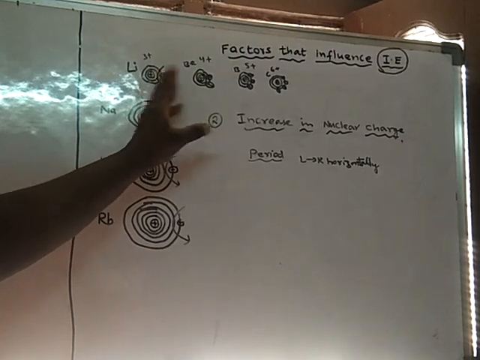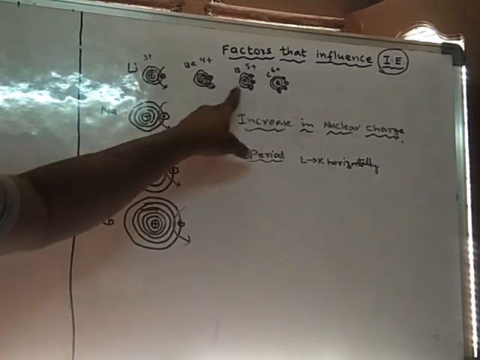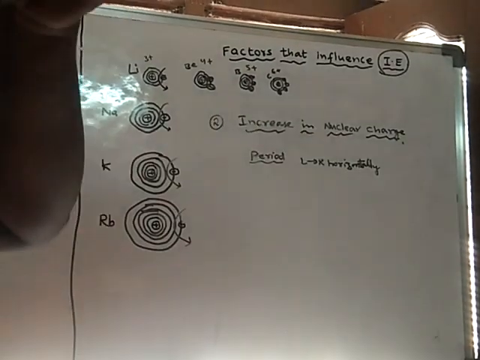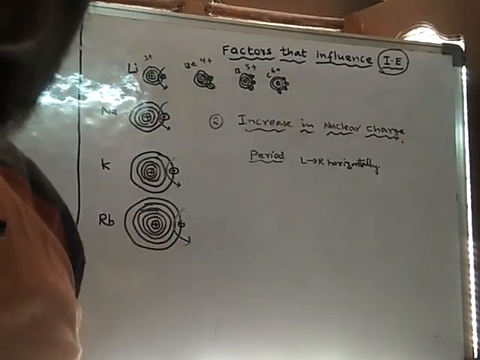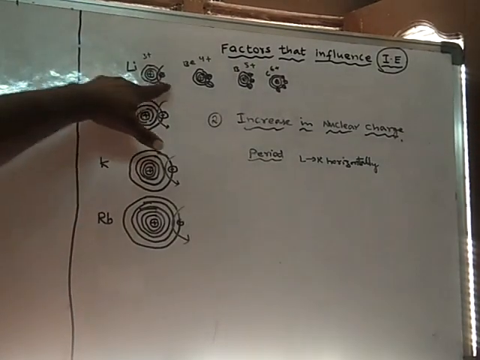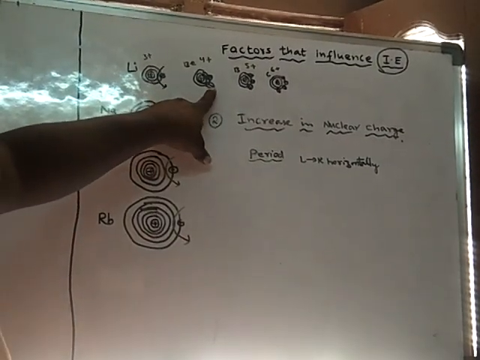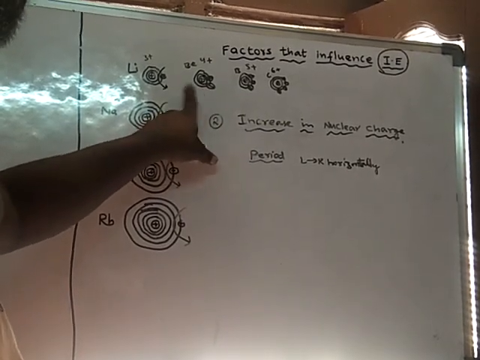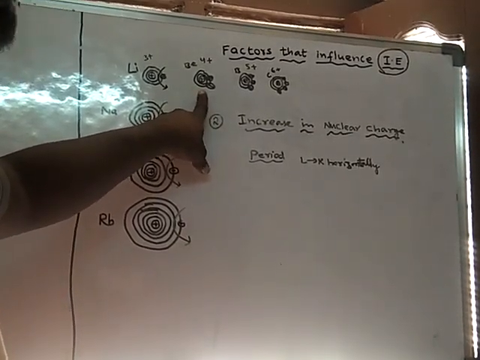As we move from left to right, the nuclear charge keeps on increasing. The number of electrons also keeps on increasing, but the newly added electron goes into the same shell, the second orbit only.